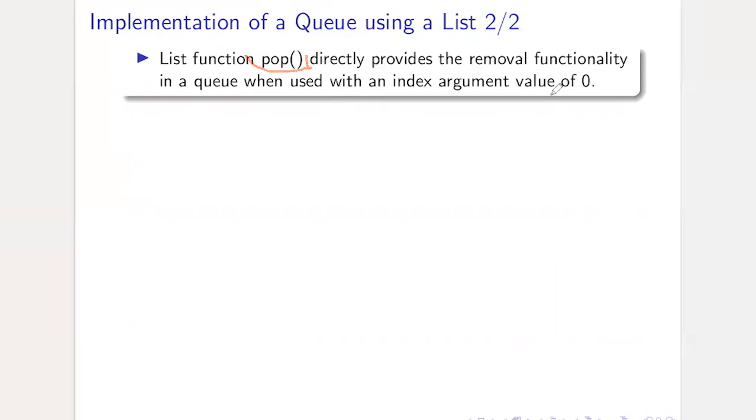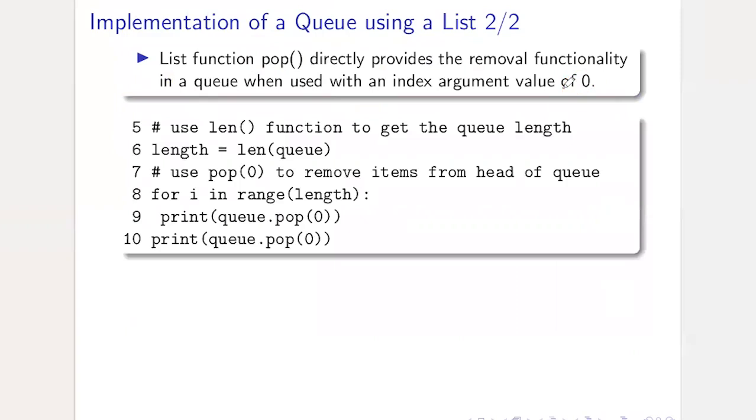By giving an argument 0, we can pop from the head or the front of the list. So this is essentially remove. If we want, we can have a renamed function, so we will define a function remove, just like we can have insert also.